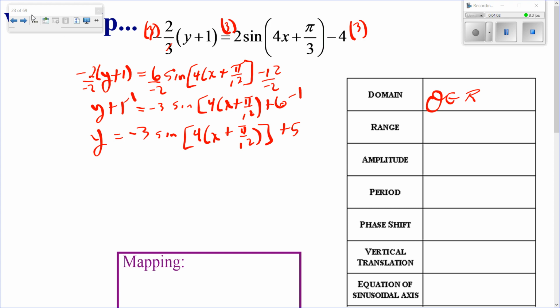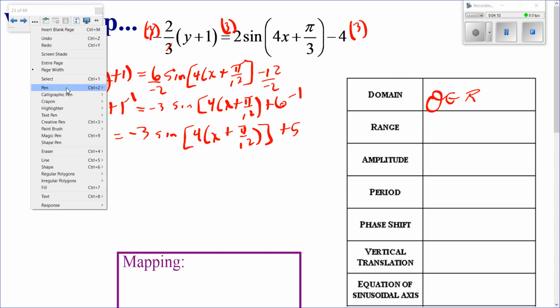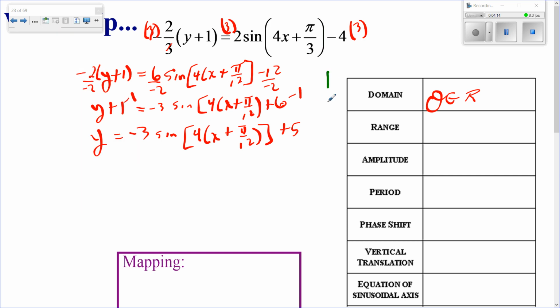So that means your graph is initially going to be at a high point of 3 and a low point of negative 3. That's what that 3 does out in front. Then the other number that will adjust your range is the one at the end.